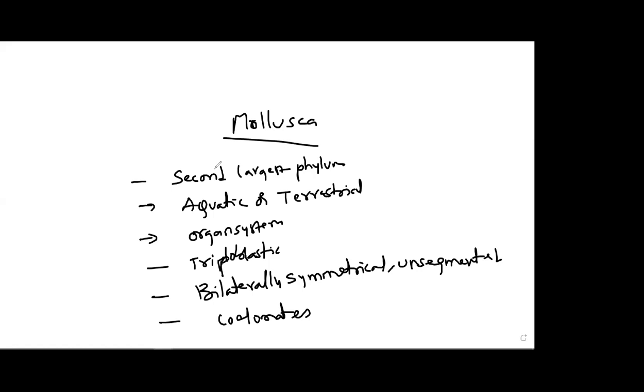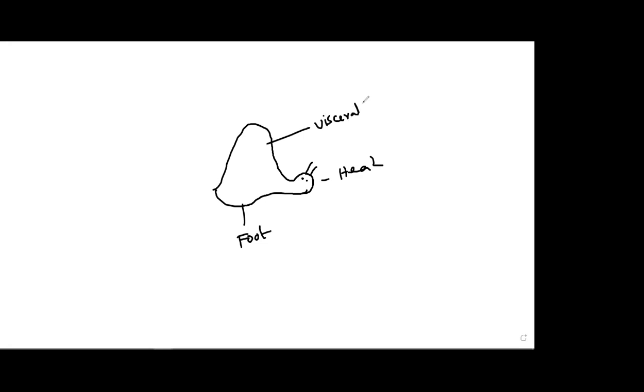Next, when you look at the body, it consists of head, foot, and visceral hump or visceral mass. All visceral organs, meaning internal organs, are found in this mass.